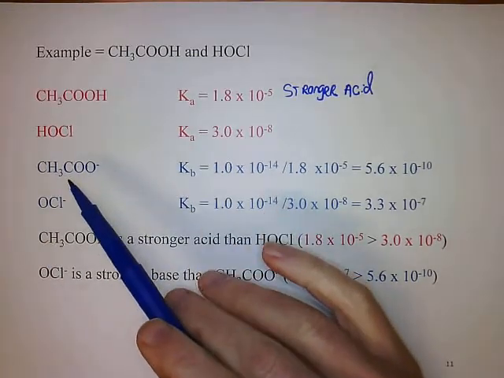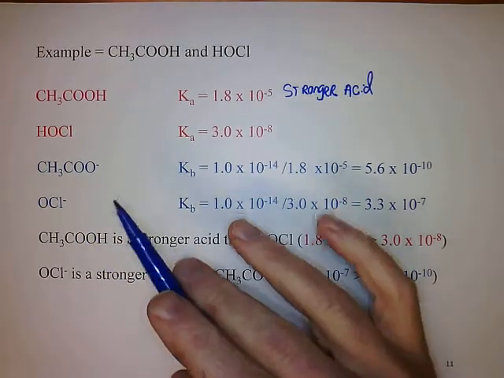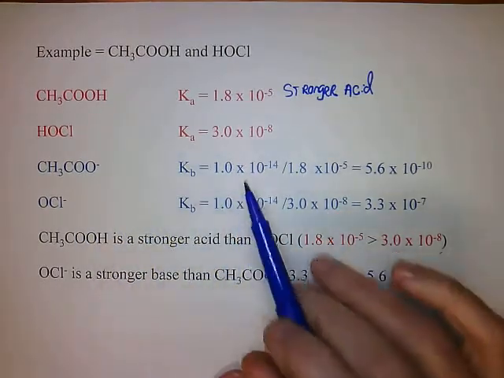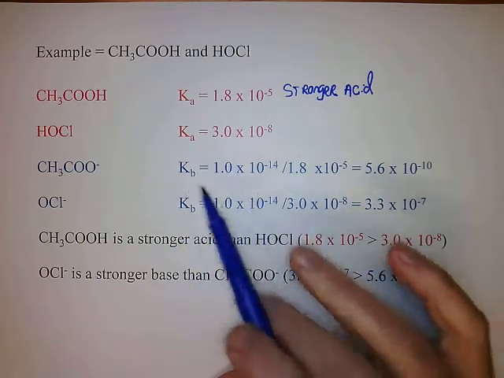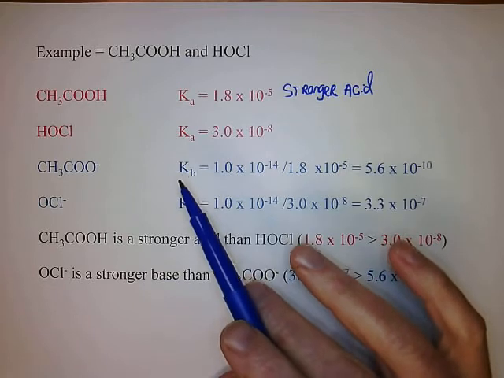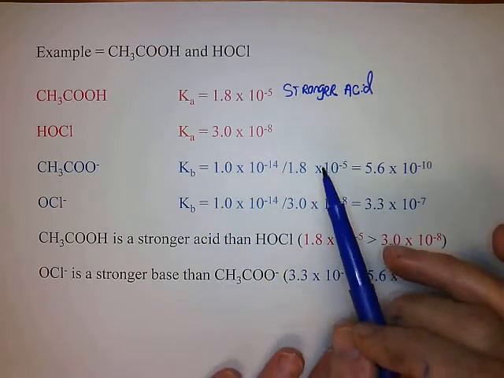Now let's look at the two conjugate bases. We're going to use the relationship Ka times Kb is Kw, and rearrange it to solve for Kb. Kb is Kw over Ka.